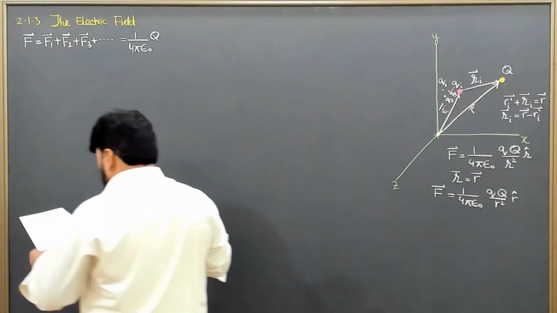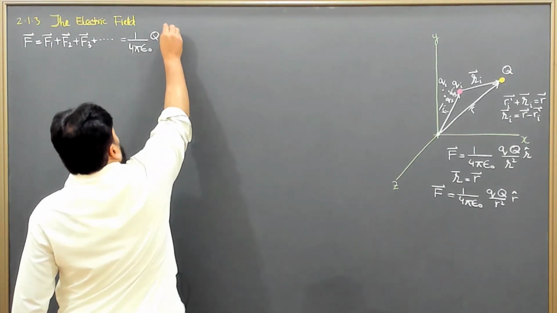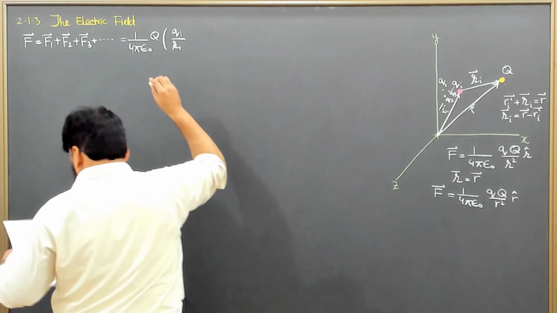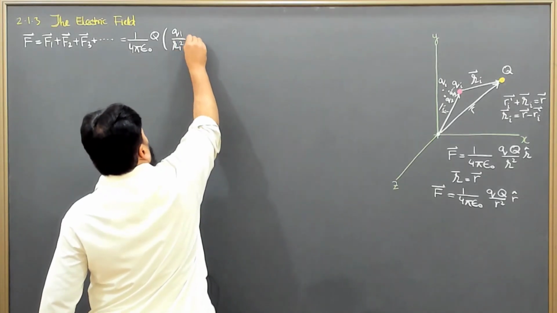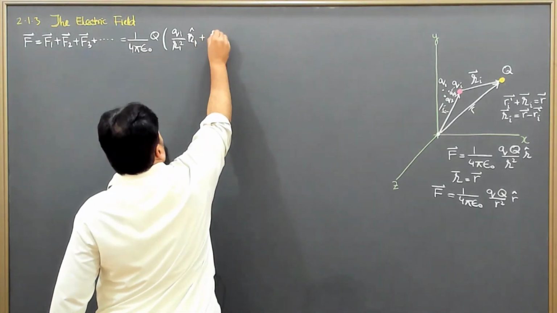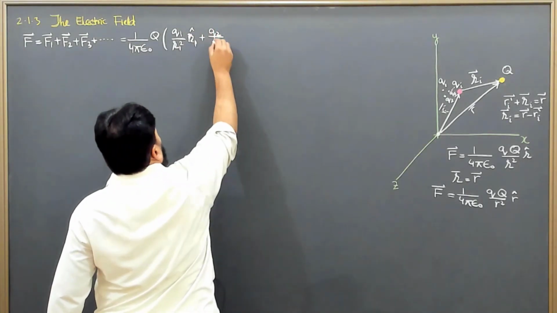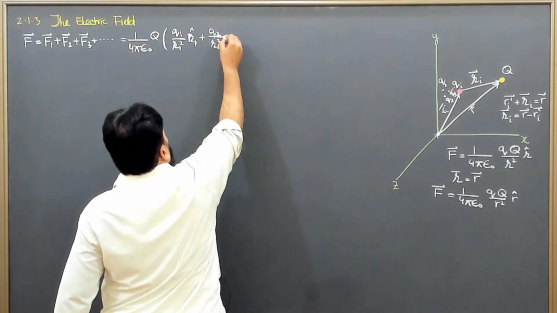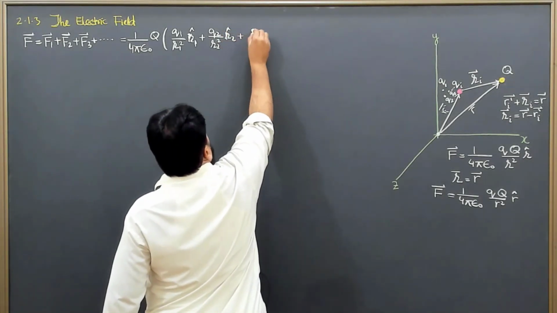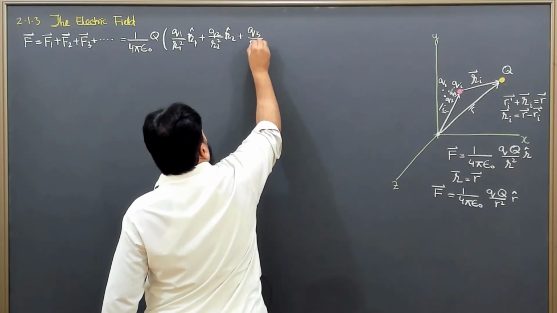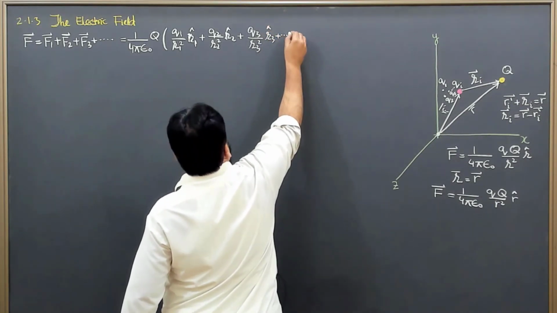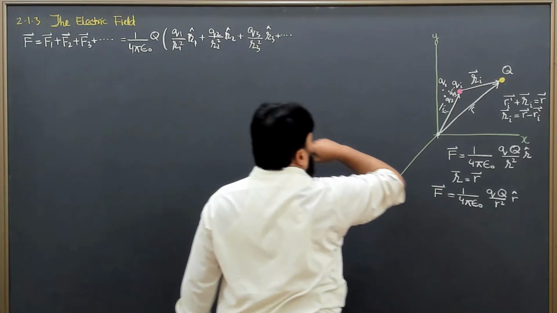So this is equal to the first charge, which will be Q1, and this will be R1 tilde here, and square of this in R1 unit vector direction, plus Q2 divided by R2 tilde square in R2 unit vector direction, plus Q3 divided by R3 square and in R3 unit vector direction, and plus so on up to Qi.